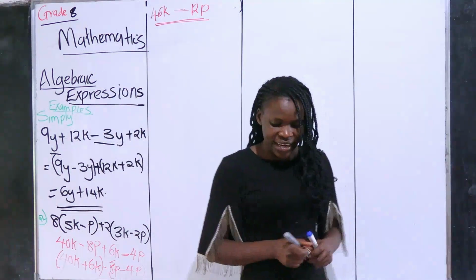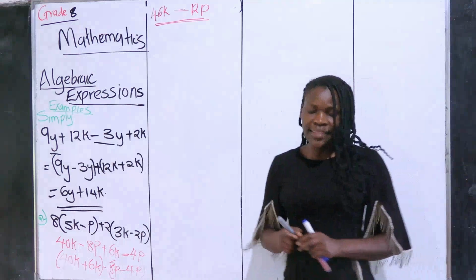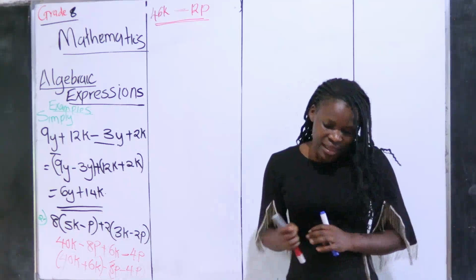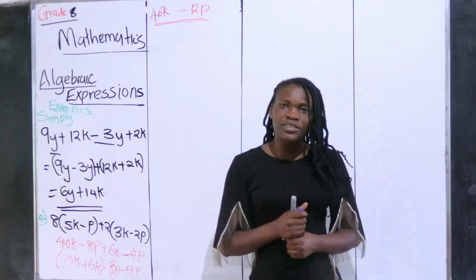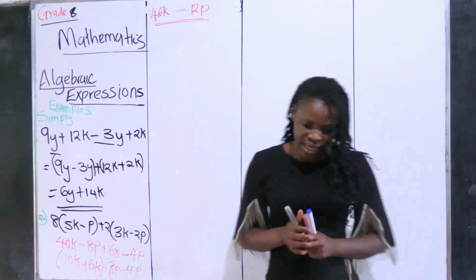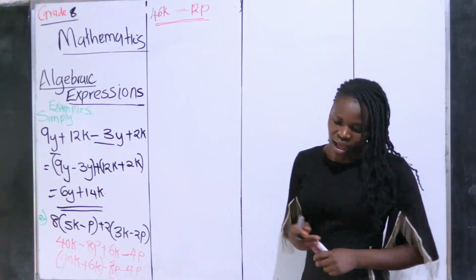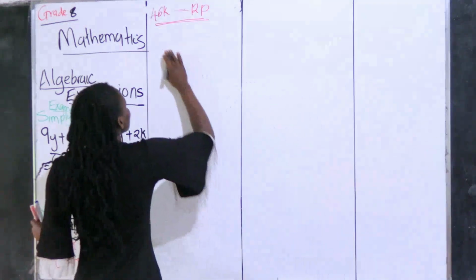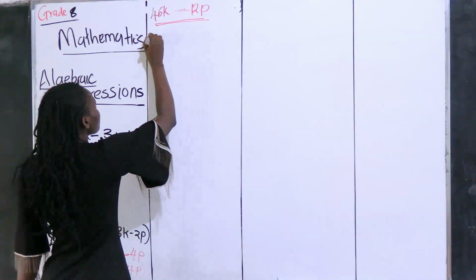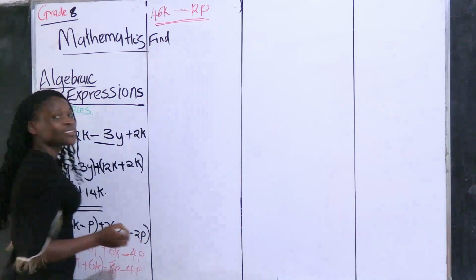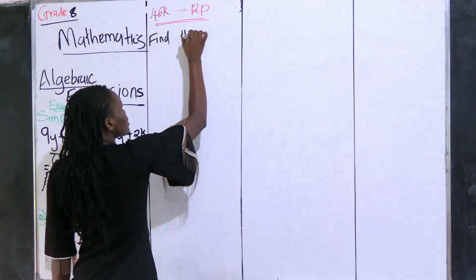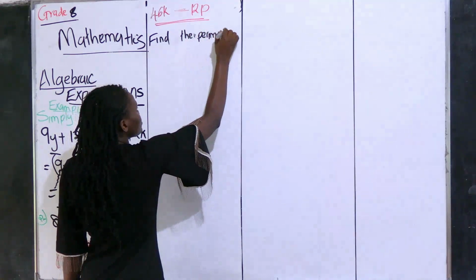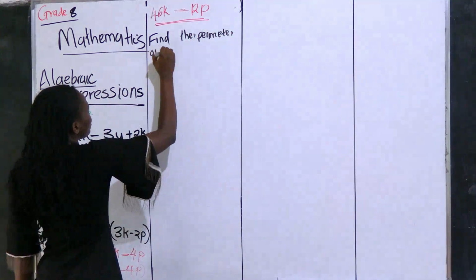I want us to try another one. We are told the three sides of a triangle are shown below. Find the perimeter of the triangle.